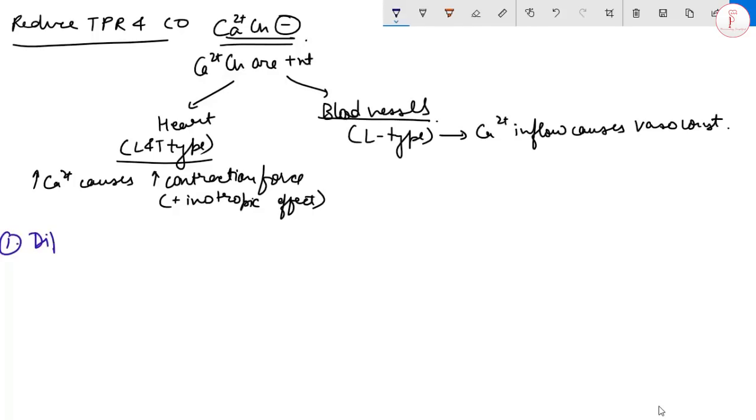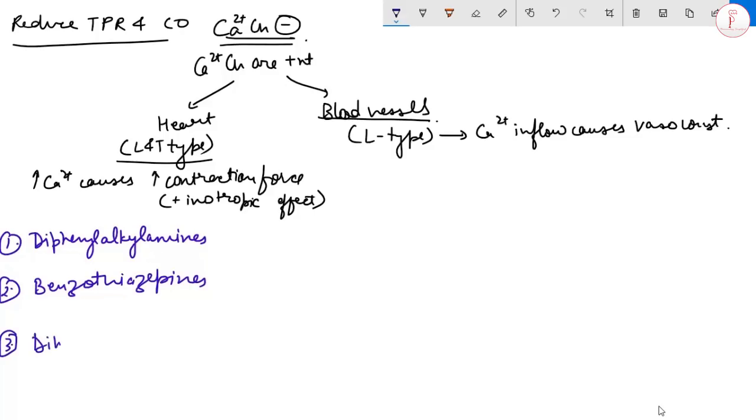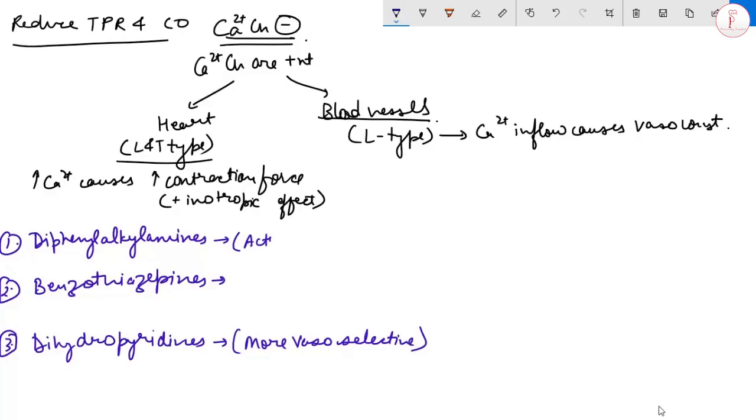Calcium channel blockers are categorized into three types. There are three families: diphenyl alkylamines, benzothiazepines, and third are dihydropyridines. If we see them, then the dihydropyridines are more vasoselective, while the diphenyl alkylamines act on heart and blood vessels both, and benzothiazepines have a less strong negative inotropic effect.